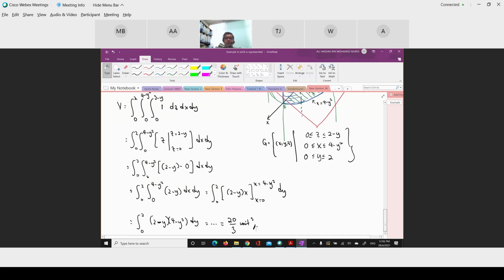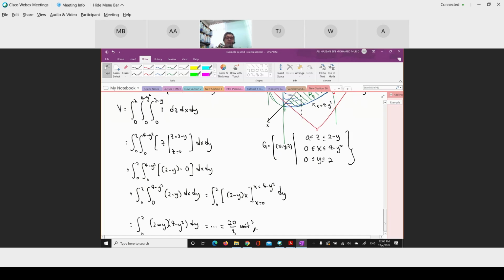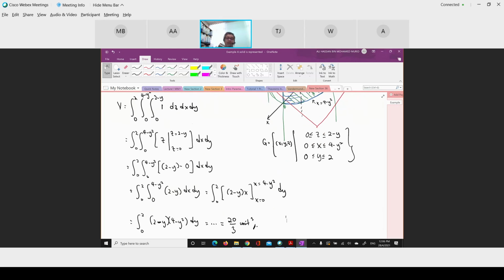If you fail to get the sketch and the bounds correctly, you will get a wrong answer. But of course, marks will also be given for the methods.